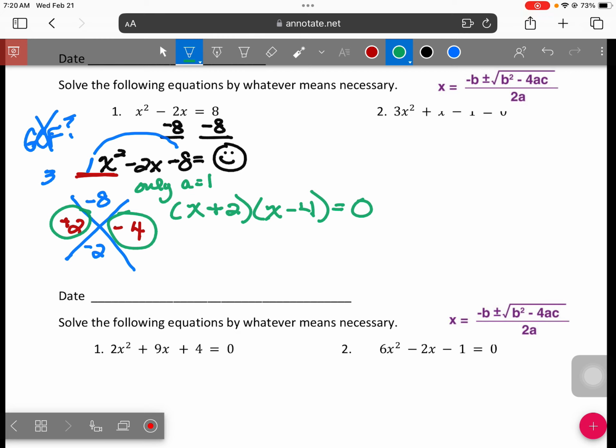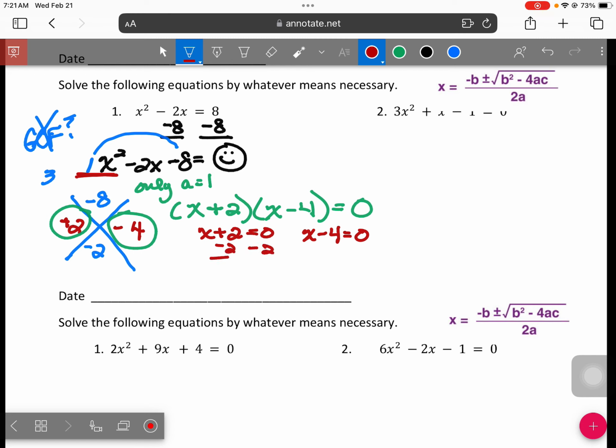I have this factor times this factor equals 0. If your answer is 0, what do we know about one or both of those factors? They have to equal 0, right? So set each one equal to 0 and solve for x. So I'm going to say x plus 2 equals 0. X minus 4 equals 0.